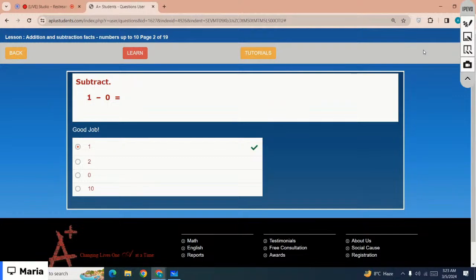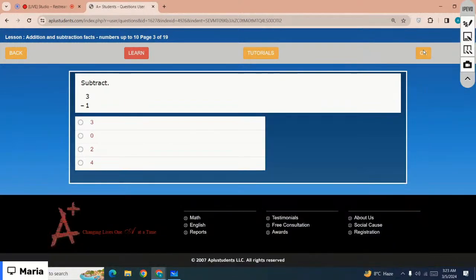Very good. 3 take away 1, which is the correct option? Yes, that is 3 take away 1 equals 2. The correct option is 2.